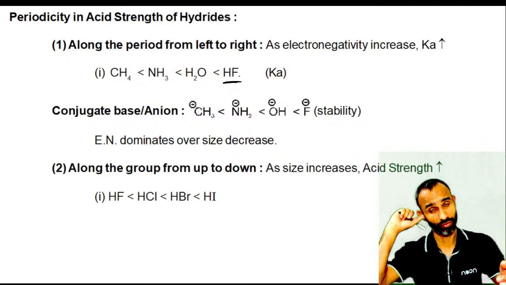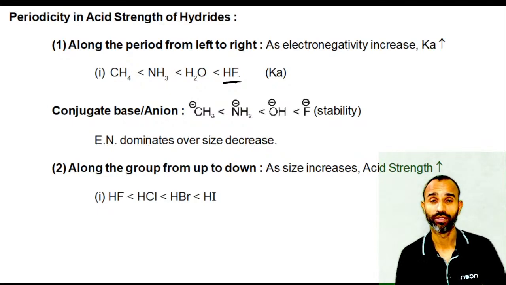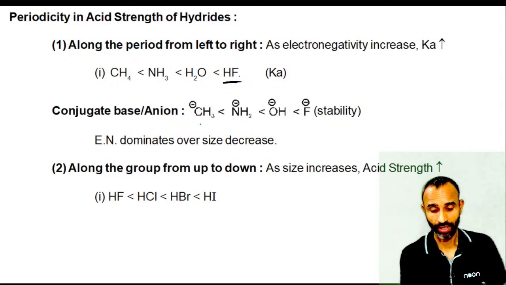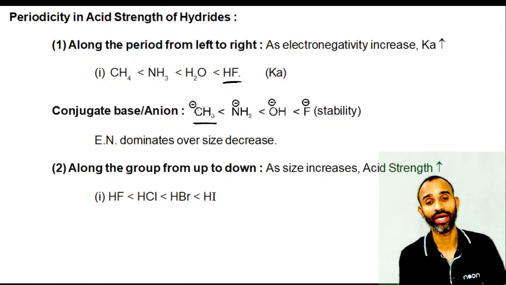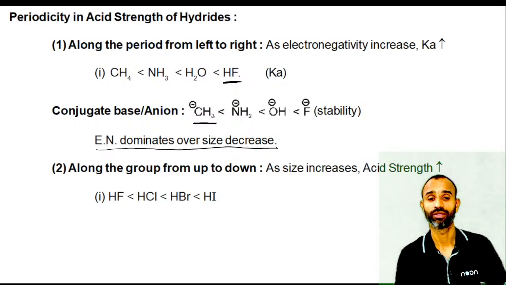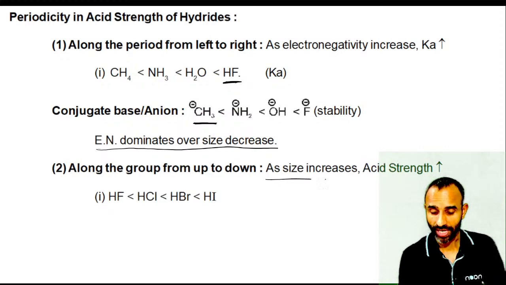That's why fluoride ion is replaced by dimethylamine in the previous reaction. The least stable anion is CH3 negative. So electronegativity dominates over size decrease along the period. Along the period, electronegativity decides the order, and as we go down the group, size decides the order.